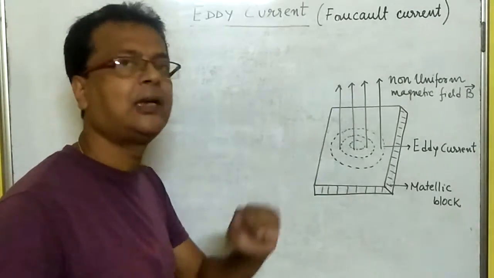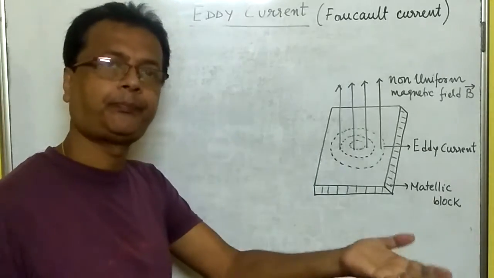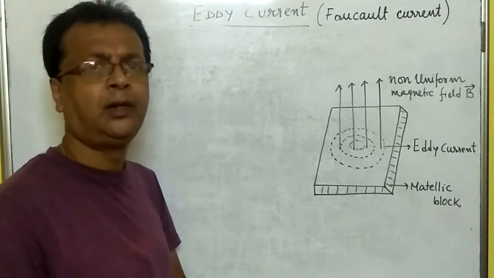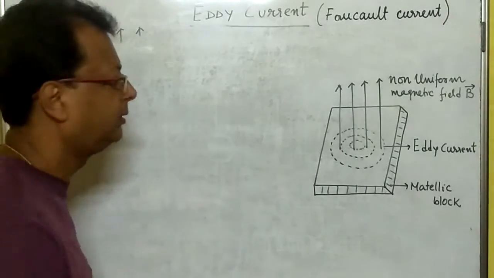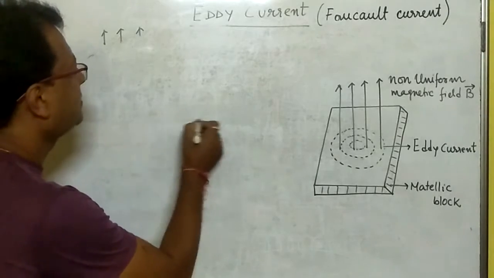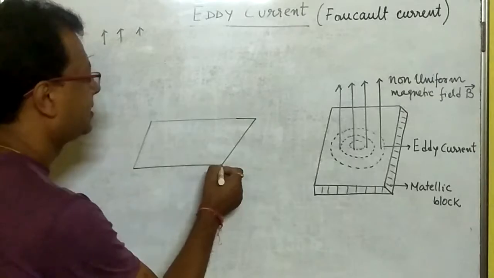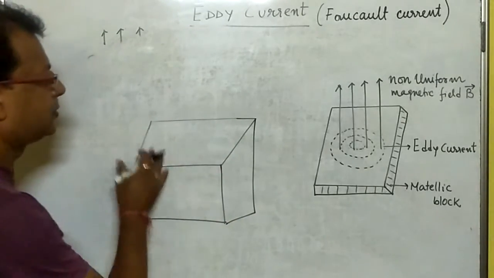Now, eddy current, as I told you, causes a heating effect, and this leads to wastage of energy. Now, how to minimize eddy current? If you open a transformer, you will see the transformer core is made up of some metal.